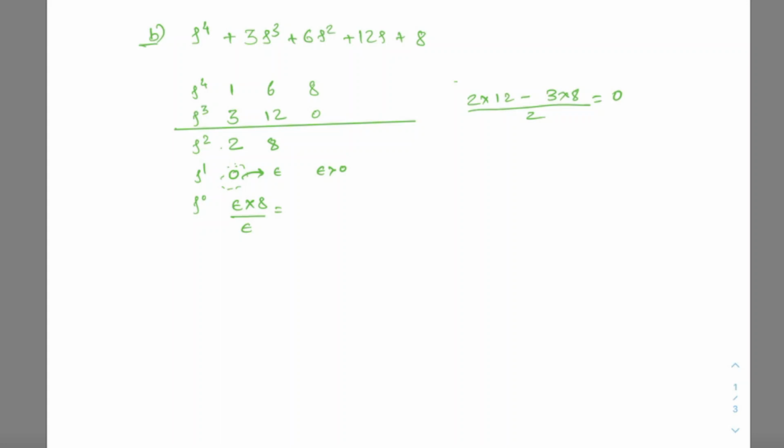Since epsilon is positive, there are no sign changes in the first column.